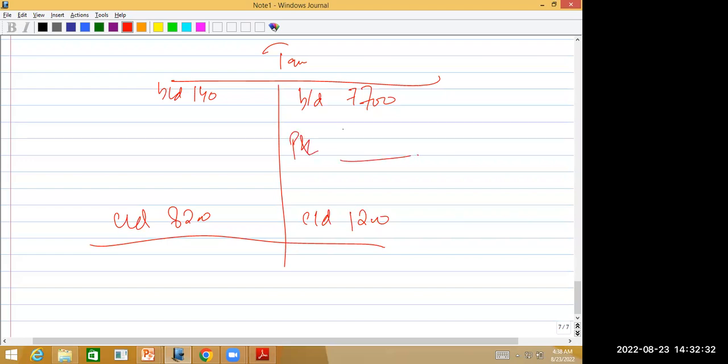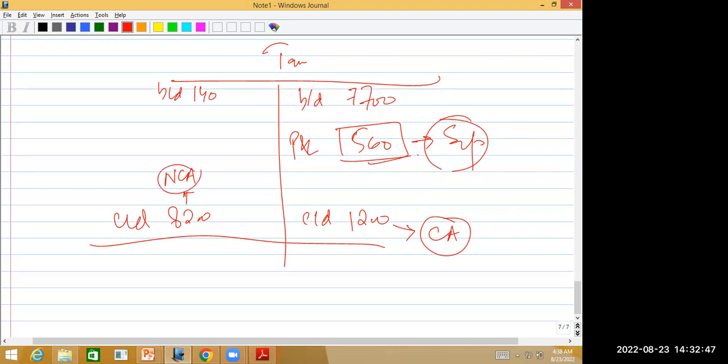So in the P&L 560 will be recognized as a tax expense. This amount will be reported under current assets, and it will be reported in non-current liability. Refundable. 560.